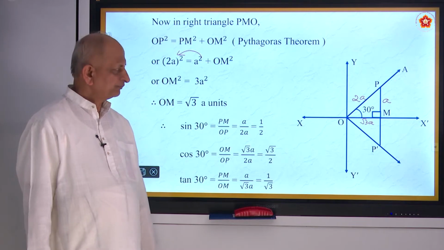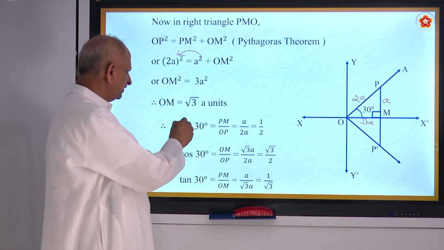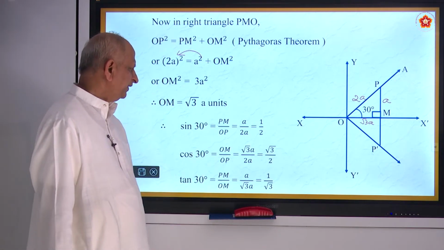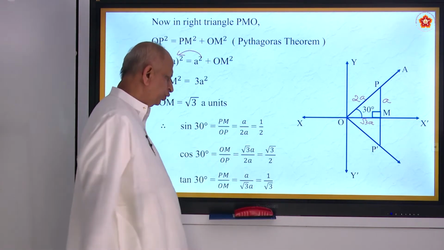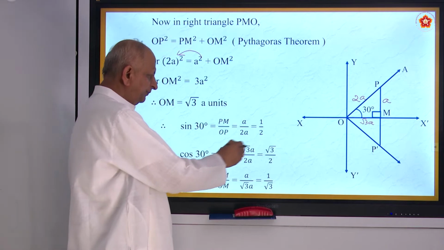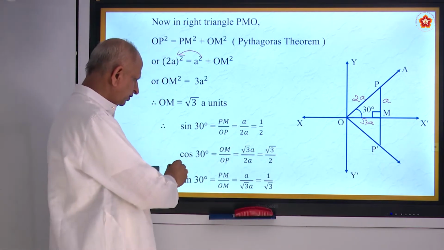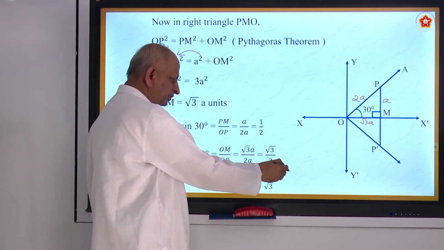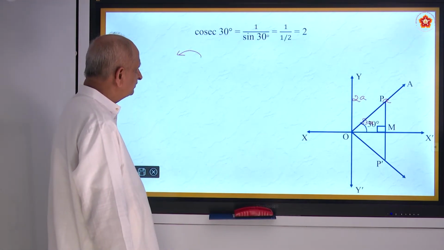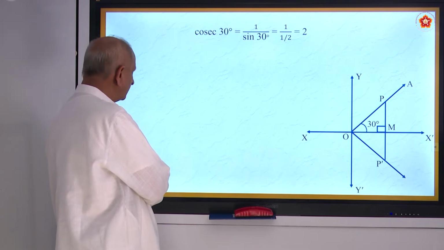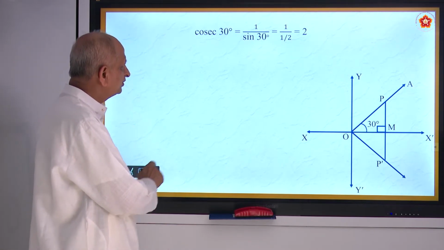Similarly, when sin 30 is known, you can find cosec 30, the reciprocal of this, which becomes 2. Secant 30 becomes 2 by root 3. Cotangent 30 becomes root 3. They are called reciprocal ratios.